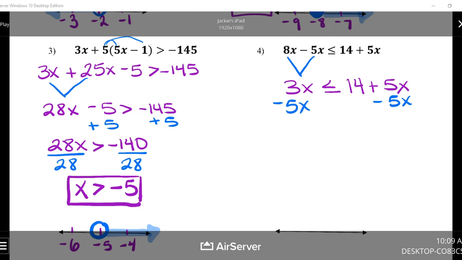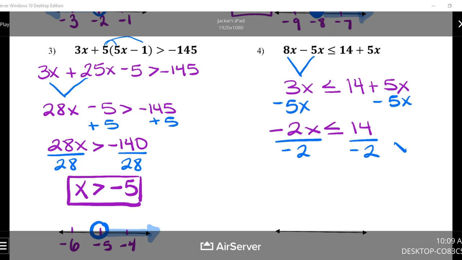3x minus 5x is negative 2x. That's negative 2 times x. So the inverse operation would be to divide both sides by negative 2.